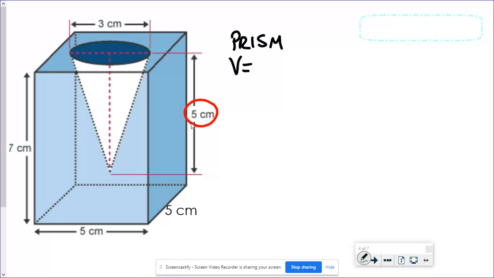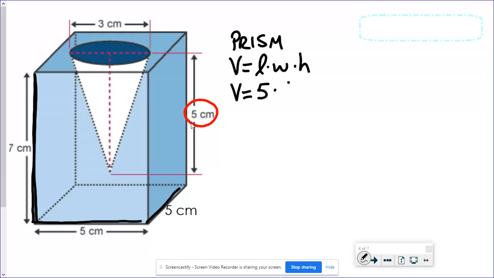That is length times width times height. Again, that's an old formula, but the 5 and the 5 and the 7, those are my 3 dimensions that I need. So 5 times 5 times 7, that's 25 times 7 would give me 175.